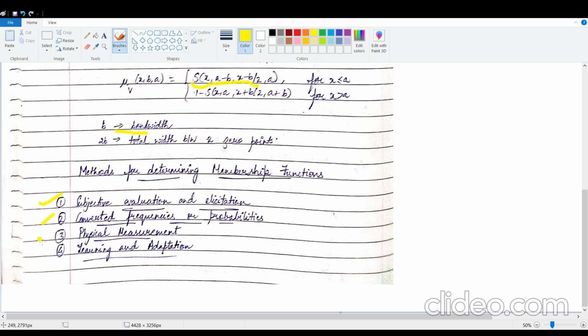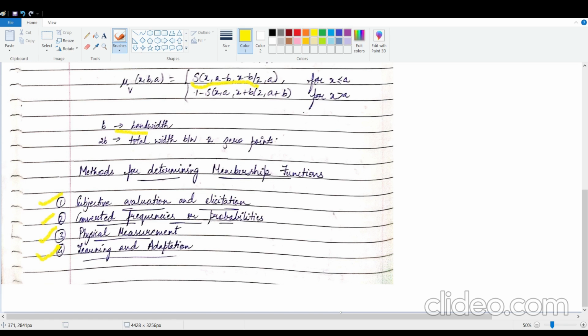The third one is called physical measurement. If people use some kind of physical devices to come up with certain values, that kind of method is called physical measurement. The fourth one is called learning and adaptation. This would be closer to your understanding.